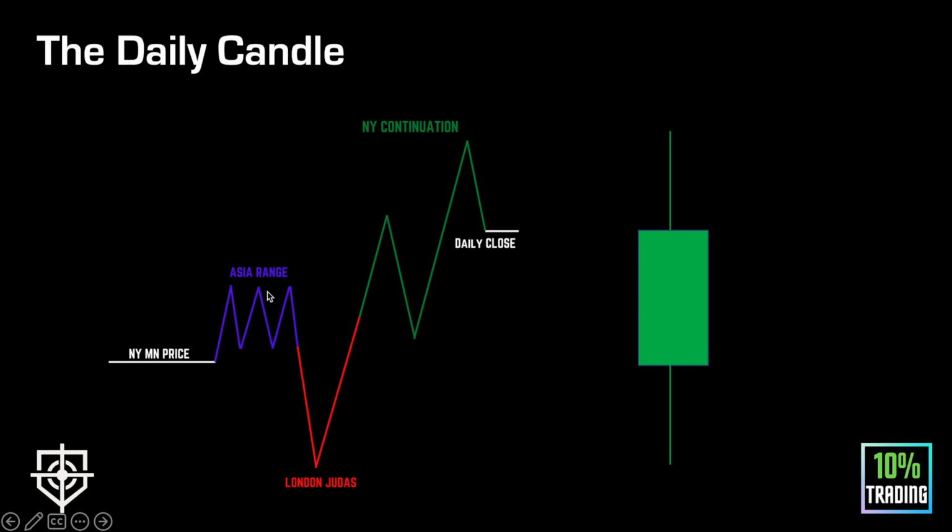What do we have above and below a consolidation? Liquidity. We'll have sell side liquidity here, buy side liquidity here. This is going to be very important, so keep that in mind.